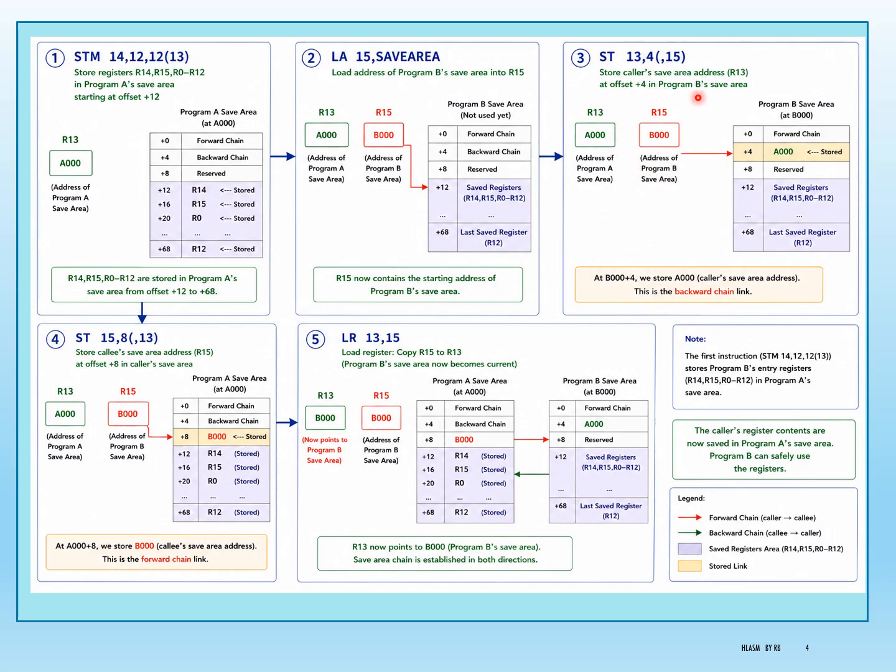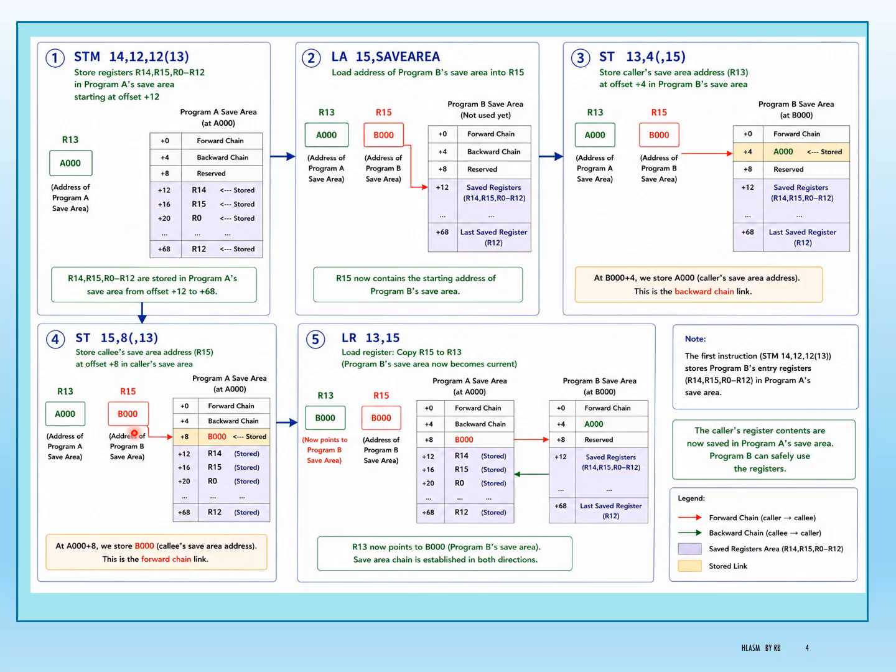Store the caller's save area address, R13, at offset plus 4 in program B's save area. So what I am doing, I am taking program A's save area, I am taking its address and I am storing it. Why I am doing it? We will come to that when we see the exit part of it.